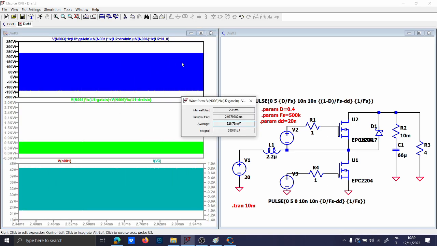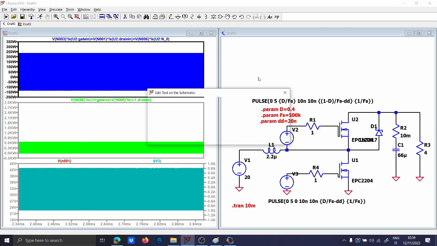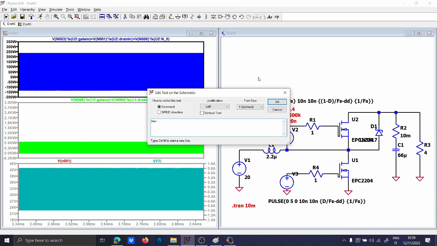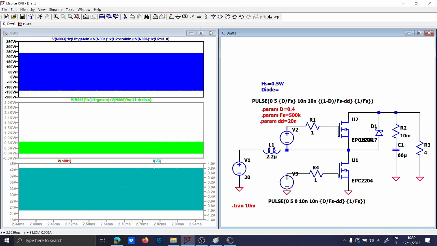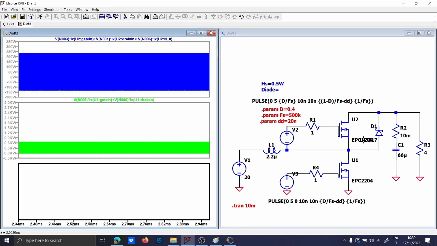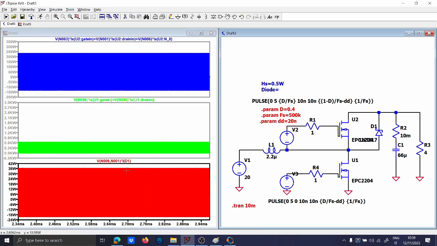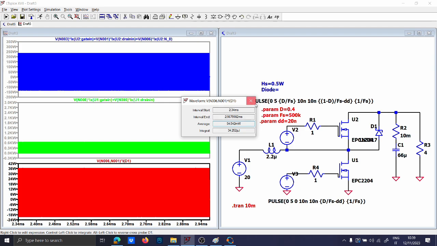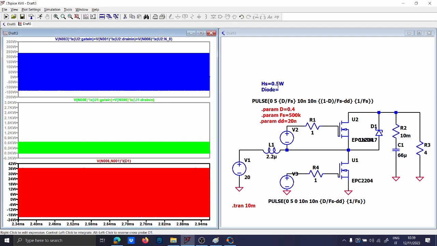So the high side has 0.5. Let me write it here. High side equal to 0.5 watts plus the diode, and the diode has 50, so 0.5 watts.